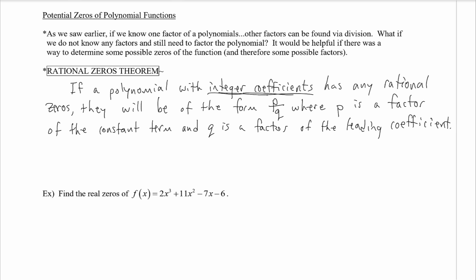So there's some key verbiage in here that we got to pay attention to. First off, your polynomial has to have integer coefficients. So the coefficients of the polynomial can only be the counting numbers, 0, and their opposites.